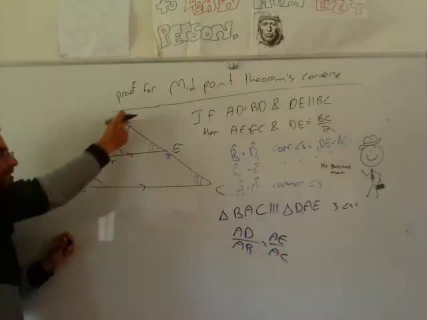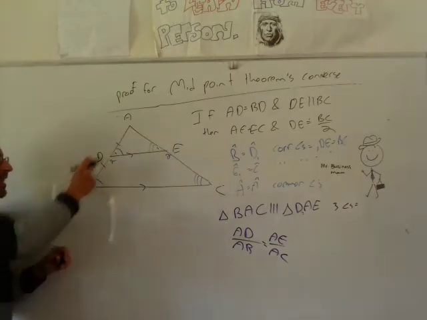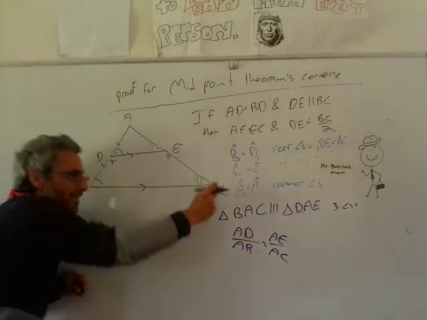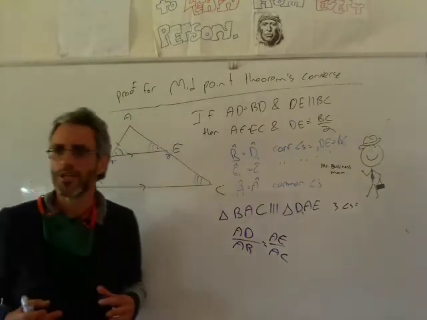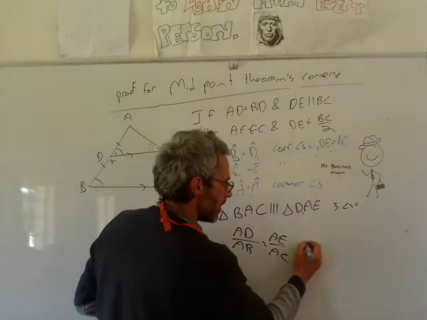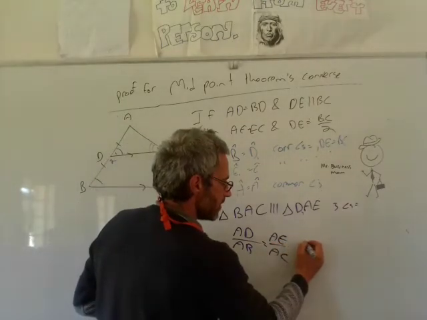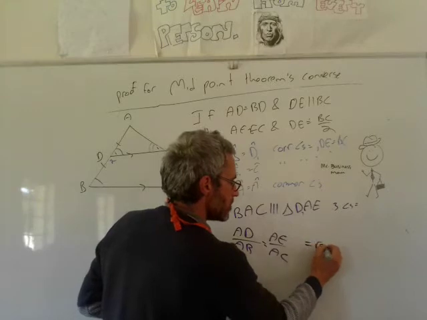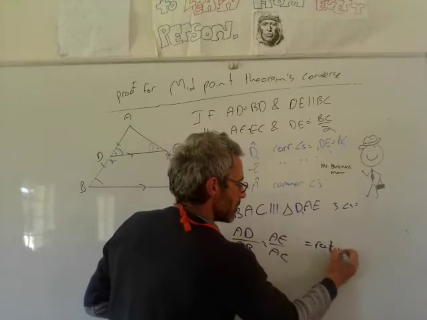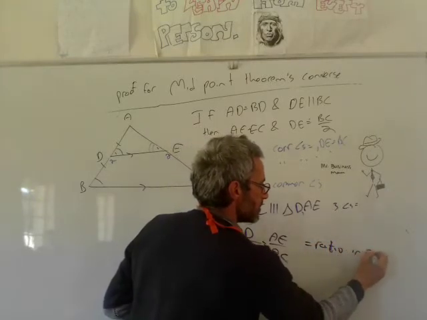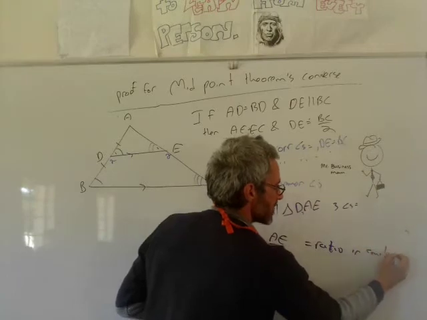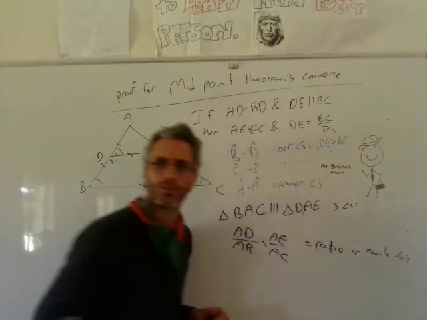This side divided by that side must be equal to that side divided by that side. That's what it means, the ratio: equal ratio in similar triangles.